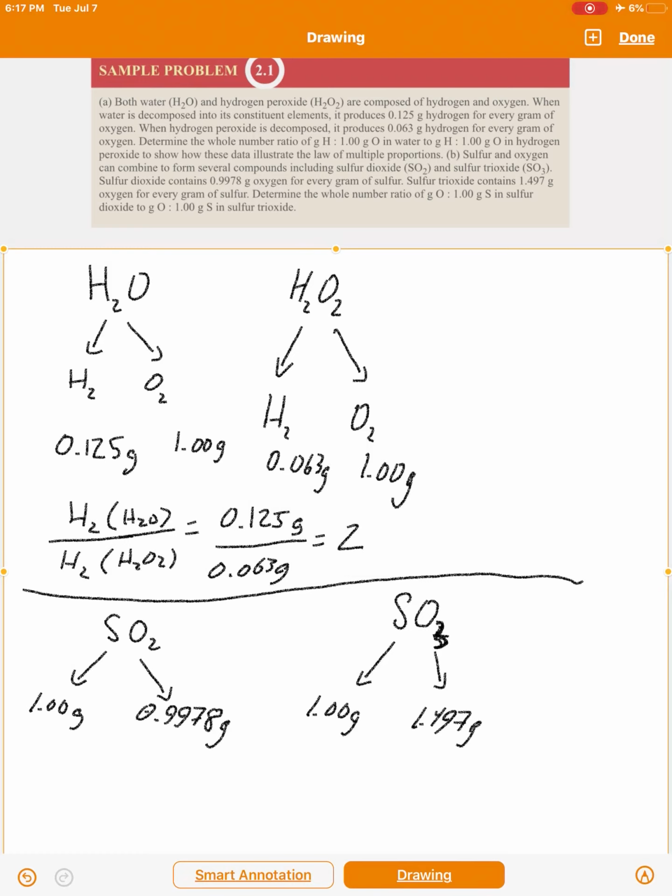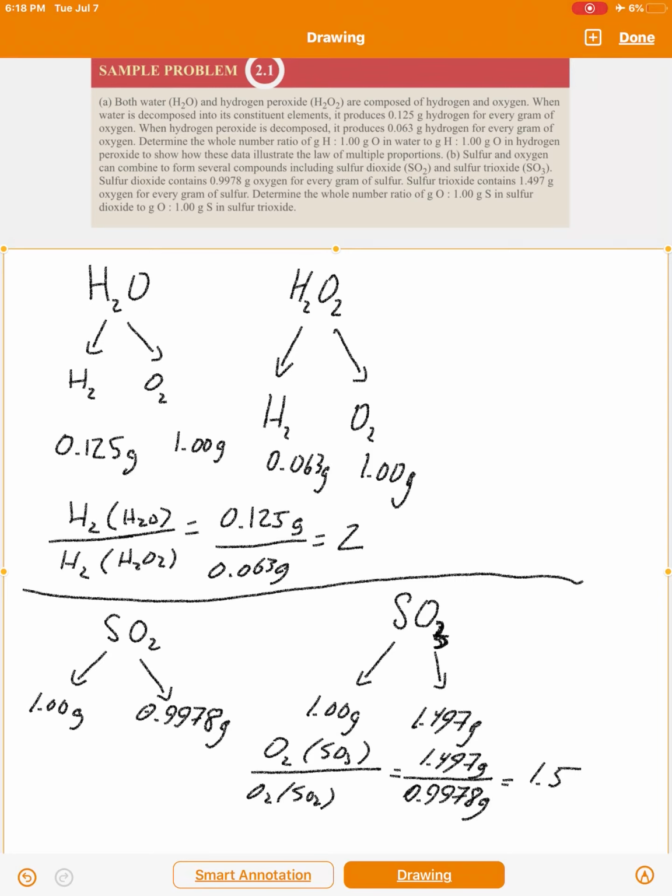So I'll write it as oxygen in the SO3 divided by the oxygen in the SO2. And it's 1.497 grams per 0.9978 grams.